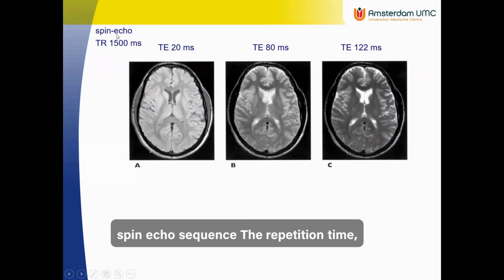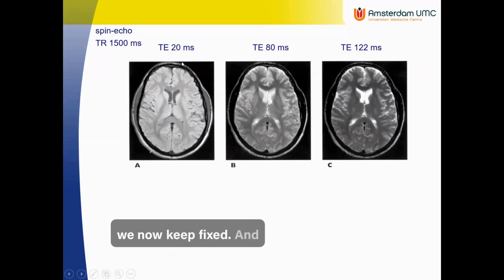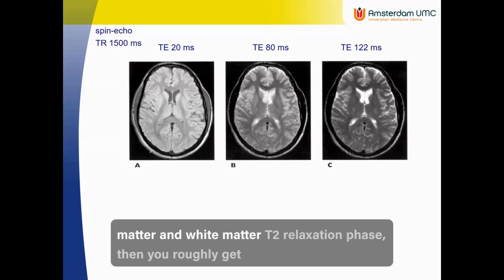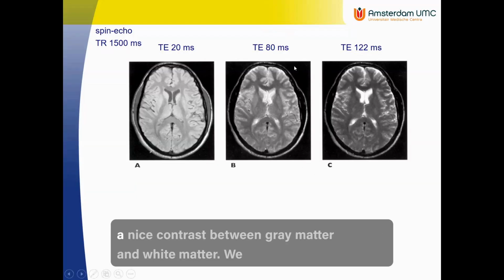Repetition time is now fixed, and I have changes in the echo time. You see I choose the echo time roughly in the same order of magnitude as the gray matter and white matter T2 values, and you roughly get a nice contrast between gray matter and white matter.